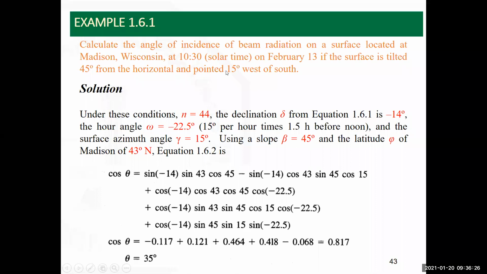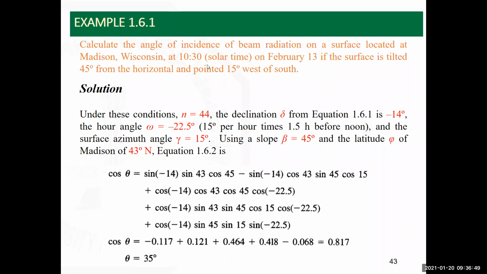The surface that we have is tilted 15 degrees west of south, so the value of gamma is 15. It has an inclination with the ground of 45 degrees, so beta is 45. Phi is the latitude, and latitude is given as a standard for every city.